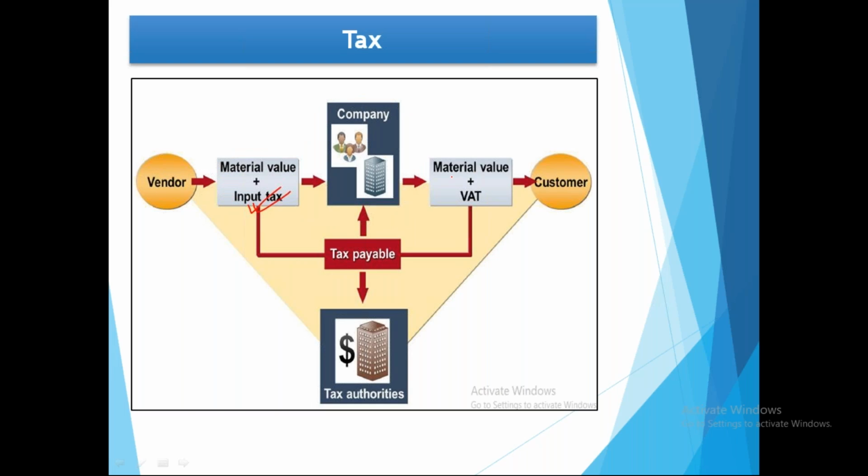At the same time, we manufacture a material and sell the product to the customer. That time we will be charging the output tax, which is called VAT, value added tax. As per the country norms, we will be paying the tax to the regulatory authorities, regulatory bodies. So how we are going to handle this tax in the system, we will see.